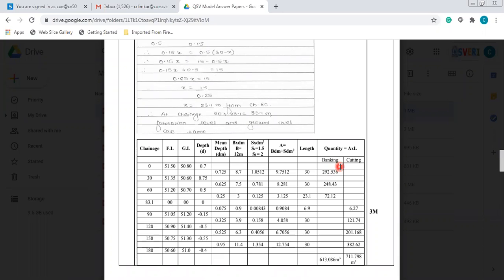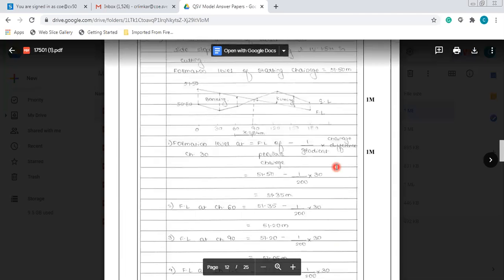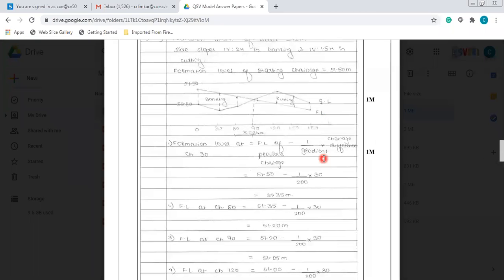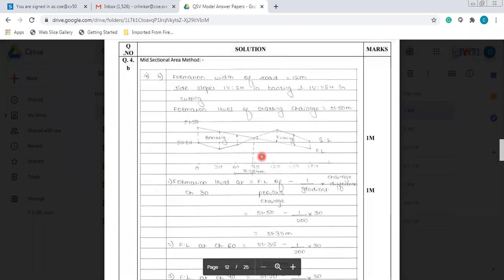Have you noted the problem? If yes, you can start solving from the first step, that is the formation width. It has been given. So from this point you can start solving the problem. You can note it down.